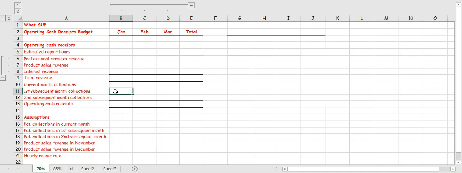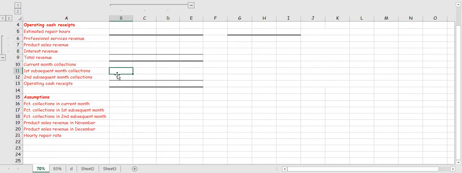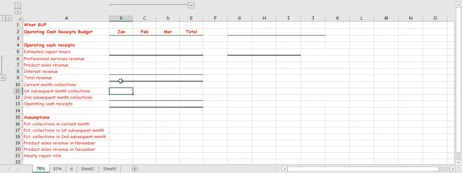So then in the first month's collection, that means we have to go back to November and get our November sales, right? I'm sorry, our December sales. Last month we made some sales, then we have to get 20% of that to put in January.